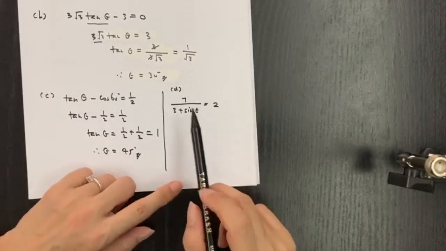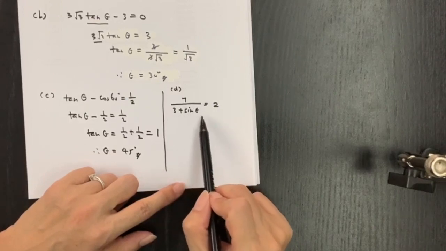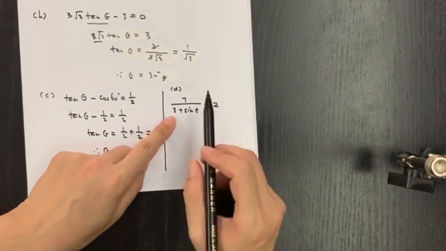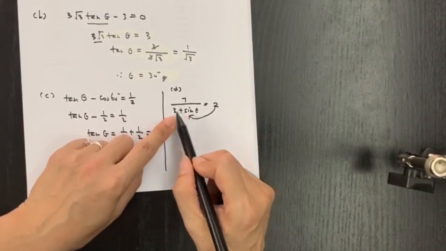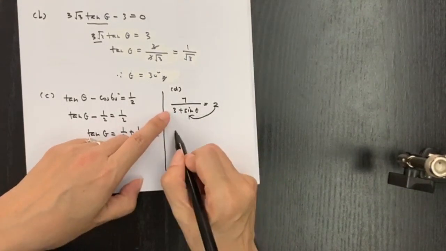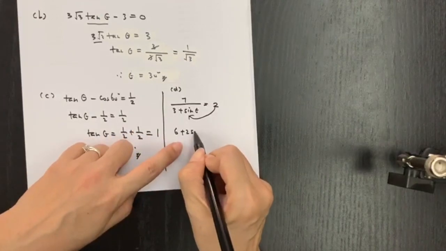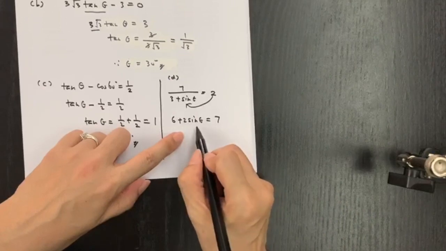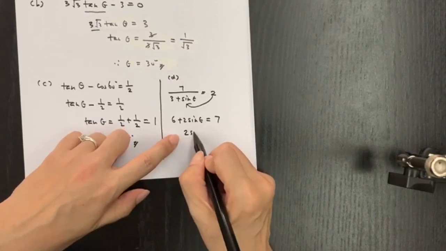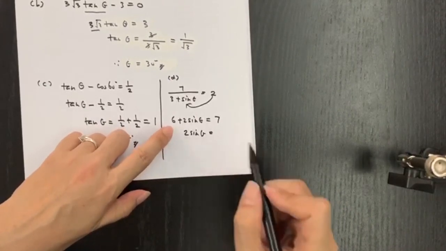Okay, so how about this one? This is 7 over 3 plus sine theta equals 2. So we can multiply the whole thing by 3, so that I will have 6 plus 2 sine theta is equal to 7. And then change the subject to sine theta, so 2 sine theta, do it step by step.